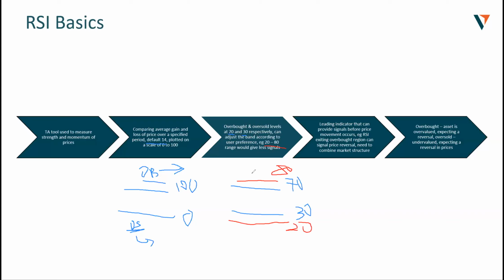So imagine, previously when I have my RSI, the signals being generated, if we set the rule at an exit, every time price enters and exits the 30 region, this is a bullish signal. And then again, if price enters into the overbought region and exits, then this is a bearish signal. So this is for the 70 and 30 band.